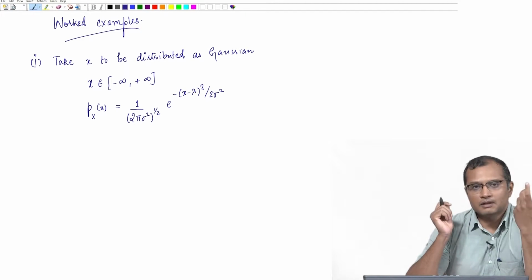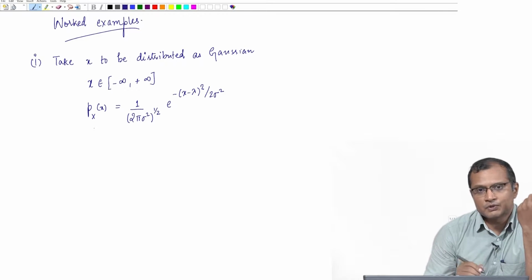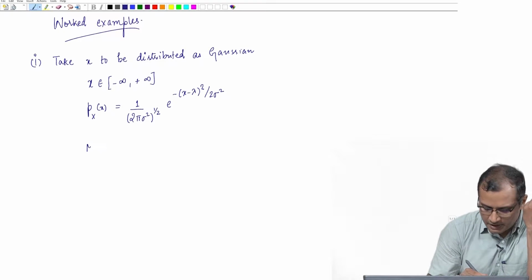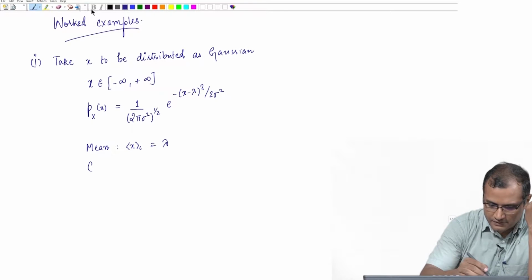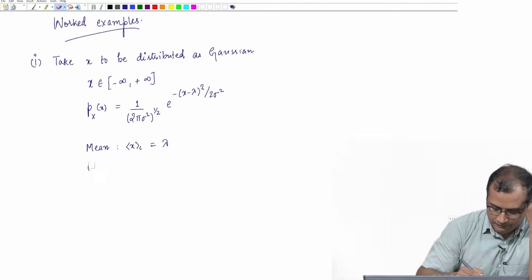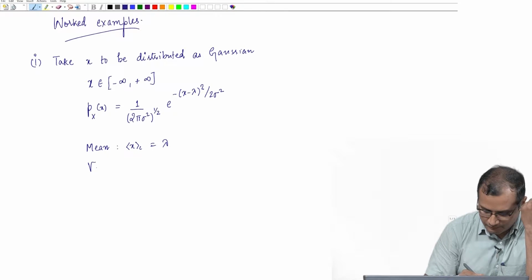And I have taken the mean of this distribution to be non-zero. So, I have the mean, which is basically the first cumulant as lambda, and I have the variance as sigma square.